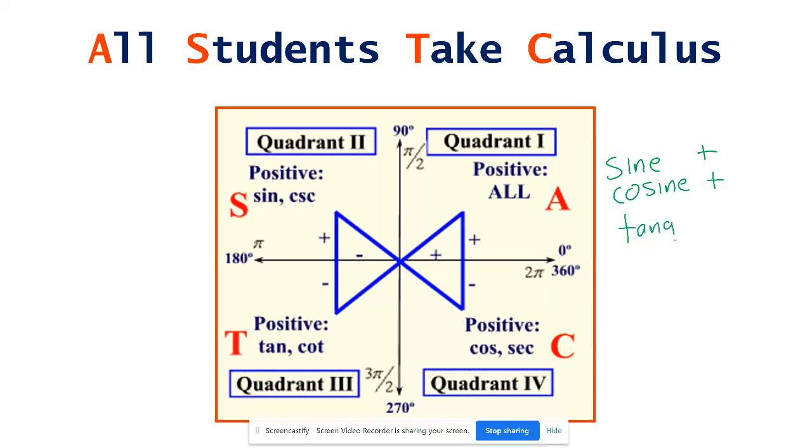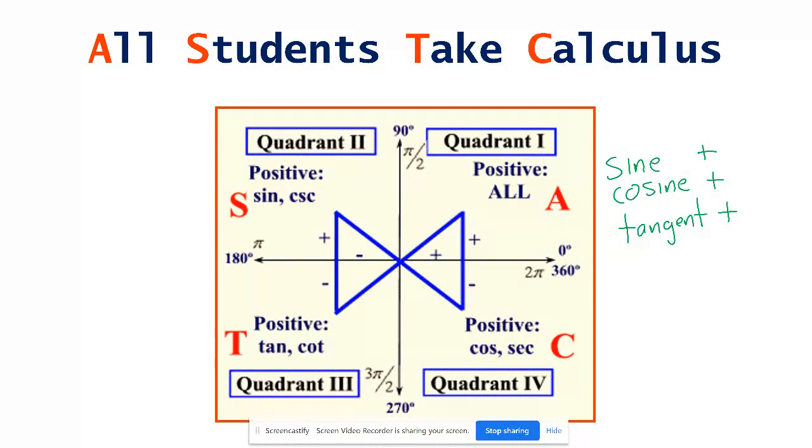And as a result, your secant, your cosecant, your cotangent also positive. So quadrant one, any angle that falls in there would be like the type of angle you could put on a right triangle. And that's going to give you positive values for all your trig functions.